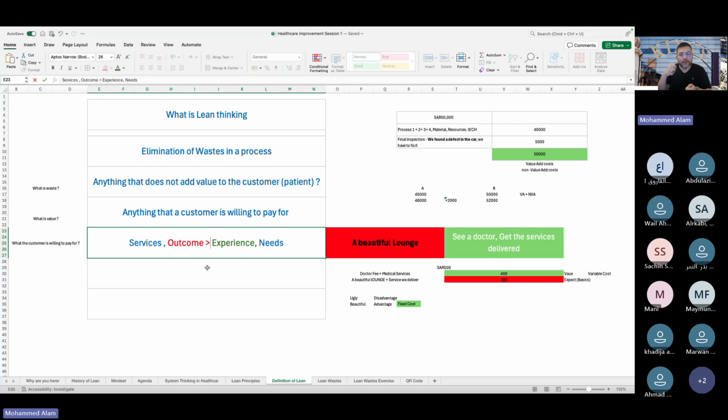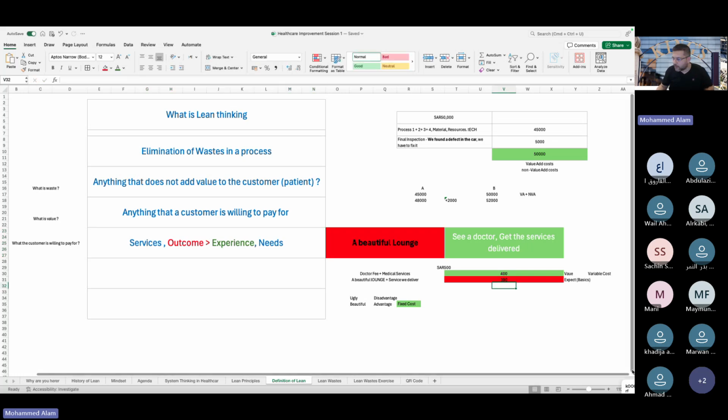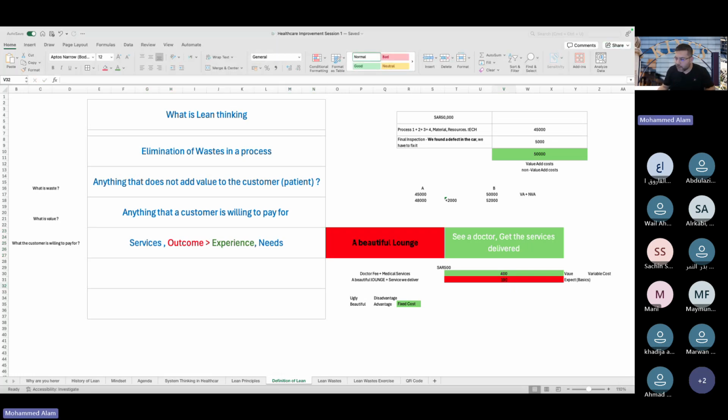The customer is not willing to pay because you have a very beautiful kiosk in a hospital that gives 10 different pieces of information to a patient, and which is why, let's say, you're adding another cost, say plus 50 real, because you have very amazing equipment.